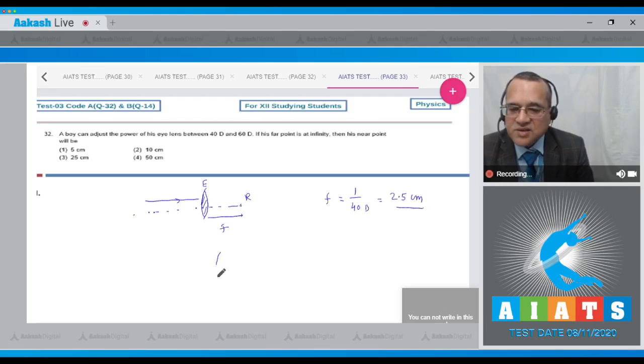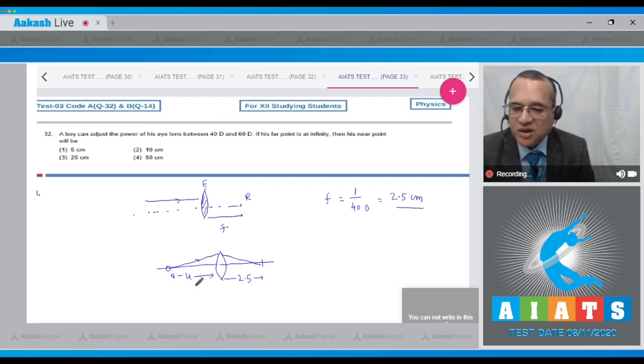In the second case, to find the near point, as the object is approaching closer and closer, the image will be formed at the retina. This is again at 2.5 centimeter. Now here should be the object. To view it, the image is formed at this point and this should be your near point.